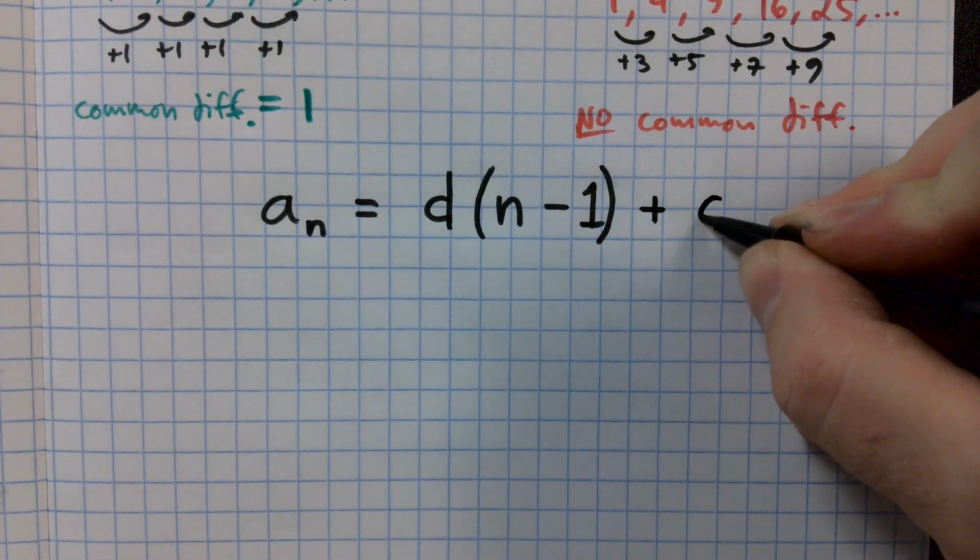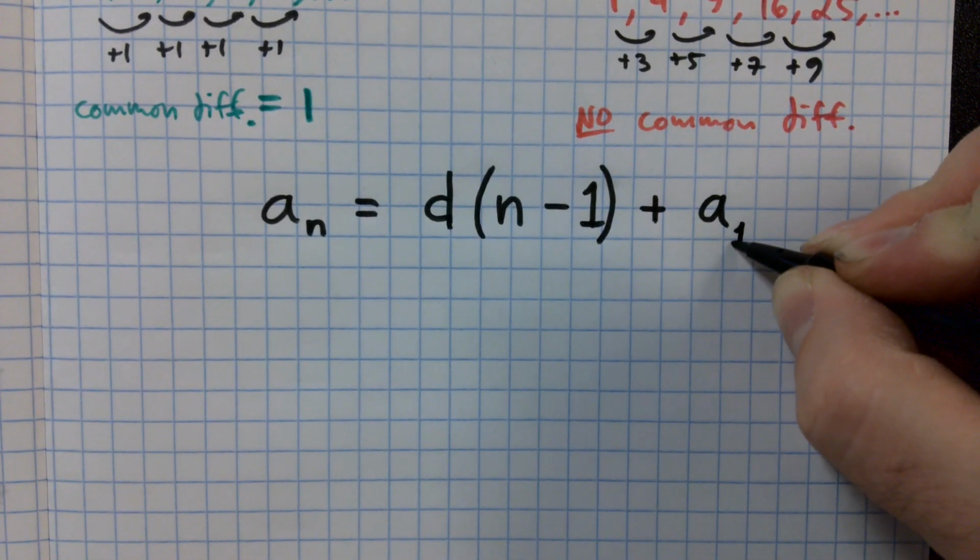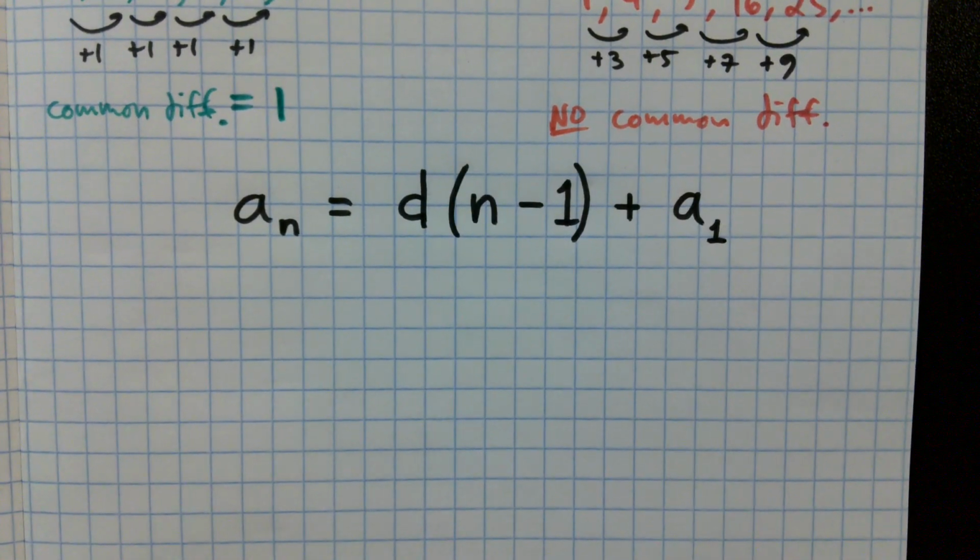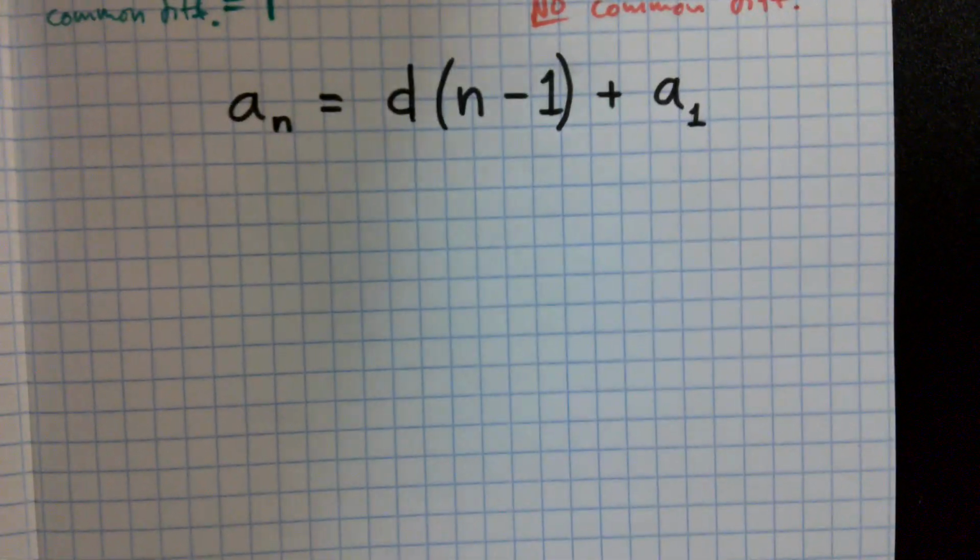We'll break down what all those letters mean in a second. That's going to be our formula. A sub n is equal to D times quantity n minus 1 plus a sub 1. It's not too scary, right? It's not too bad? No, it's not that scary. We got an A, we got an N, we got a D, and we got a 1.